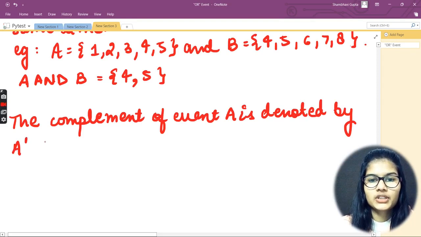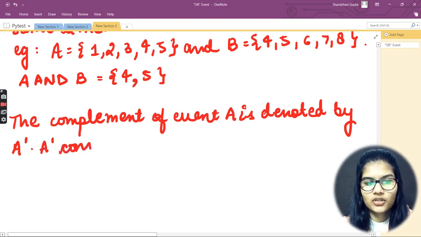This is how you denote the complement of an event. You could simply write A dash, or you could read it as A prime as well. That's your choice. There are different ways of saying it: A complement, A dash or A prime, whatever you wish. I would say A prime.